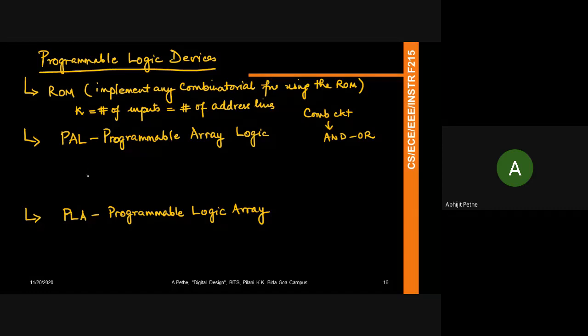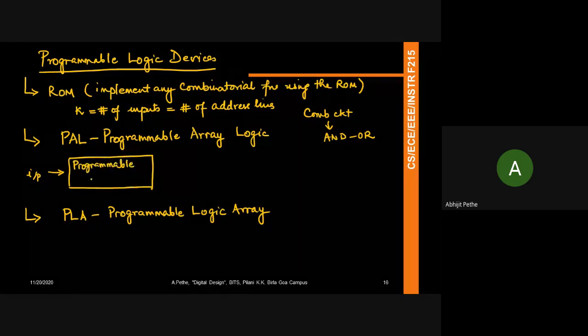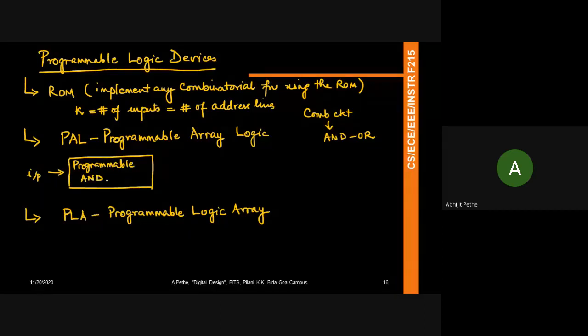So what the PAL gives you is, suppose there are a bunch of inputs, it gives you the flexibility to program the AND array. I'll take you through a couple of examples and we'll see how to use these. Basically this gives you the flexibility to change the inputs to the ANDs, so you can choose what kind of product terms you generate from the input.